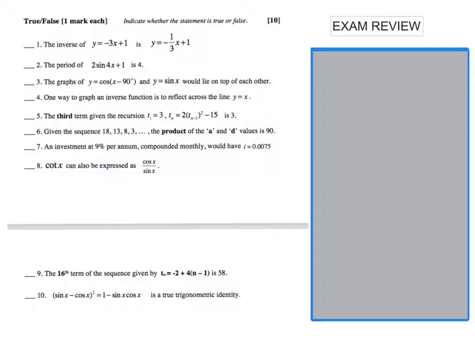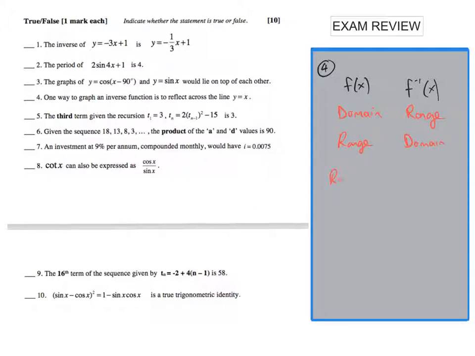Question 4. If you look at two functions, f of x and its inverse, f negative 1 of x, what do we know about the two? Well, we know the domain of the function is the same as the range of the inverse. We know the range of the function is the same as the domain of the inverse.